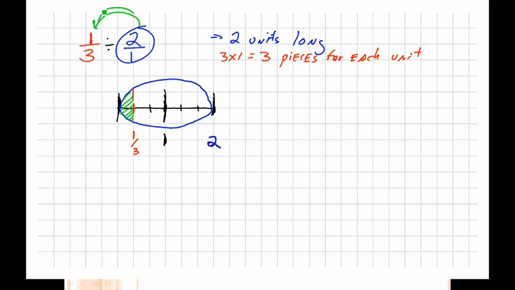Well, the oval is broken up into 6 equal parts, but of those 6 equal parts, only one is shaded. So 1 out of 6 parts of that oval is shaded. So 1/6 should be the quotient of our 1/3 divided by 2. Let's verify that and see what happens.